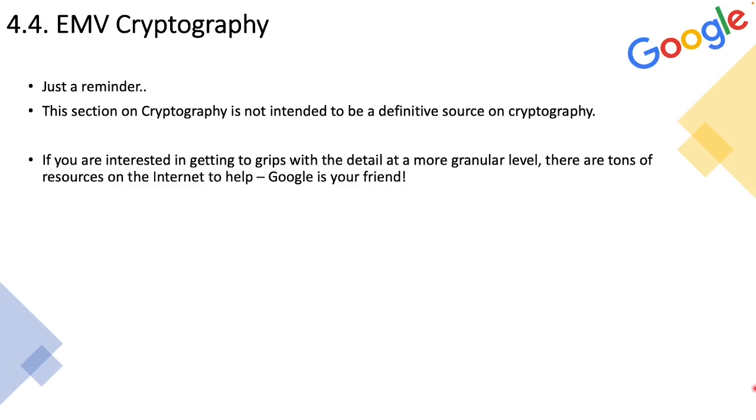But if you are interested in understanding the detail more, in looking at the underlying levels, there are lots and lots of resources on the internet. Just go and Google symmetric cryptography, asymmetric cryptography, Google all the concepts that we've discussed, and there are literally thousands and thousands of articles and documents and websites that will help you out.